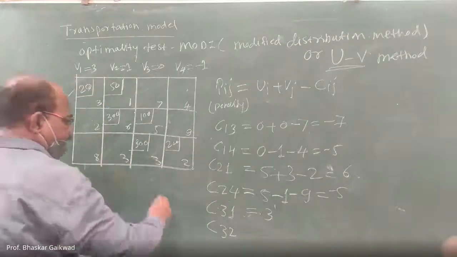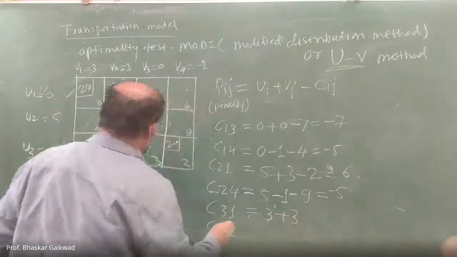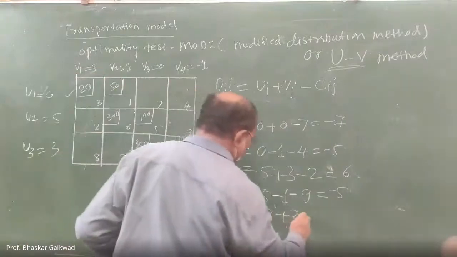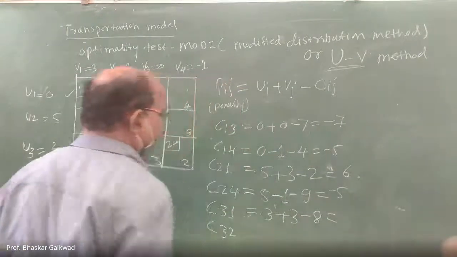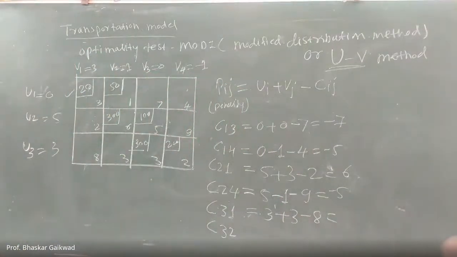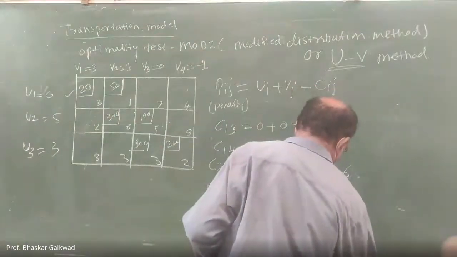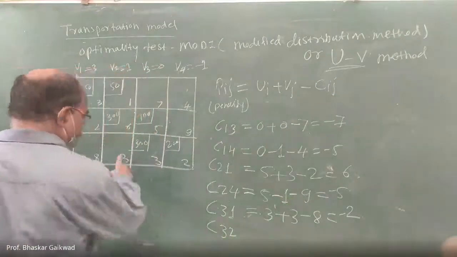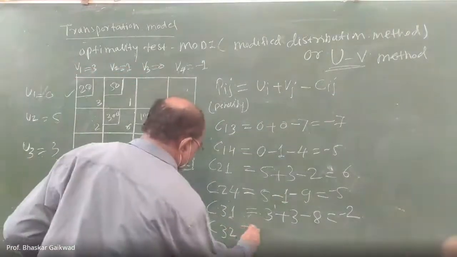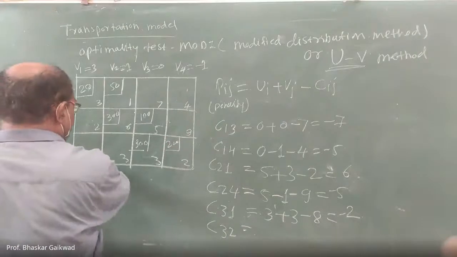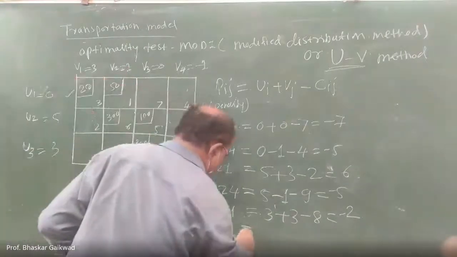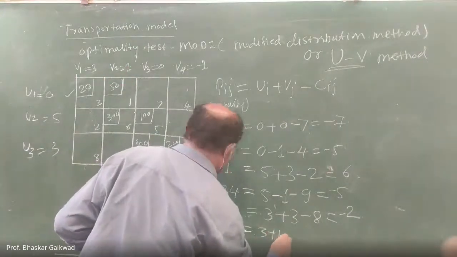This one, 3 plus 3 minus 8, then 6 minus 2 minus 2. Last one 3 2, this one. So here 3 plus 1 minus 3.